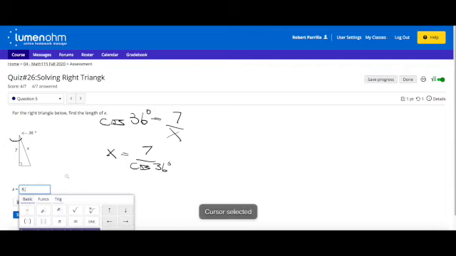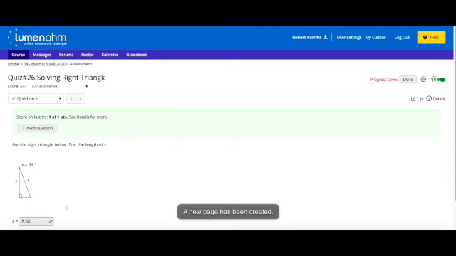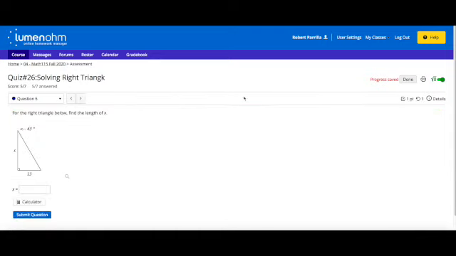And how far are we now? We're down to 2 questions left. So far, so good. Number 6 is exactly the same thing, except it's opposite over adjacent, tangent. Tangent of 43 degrees is equal to 13 over x.